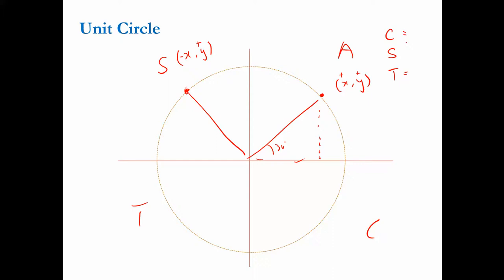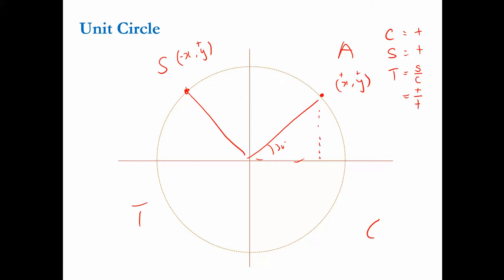If X is positive, Y is positive, tan is really just sine divided by cos, which is positive over positive. Well, you can see all of them are positive. Cos is positive, sine is positive, tan is also positive.